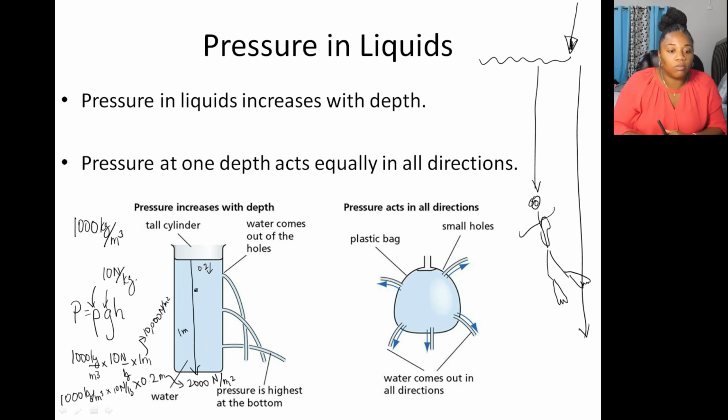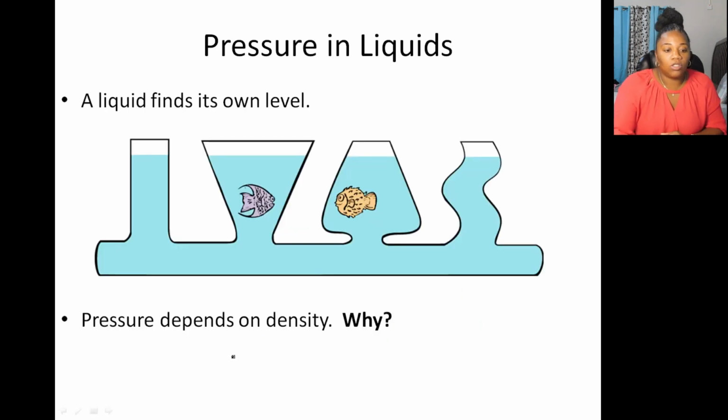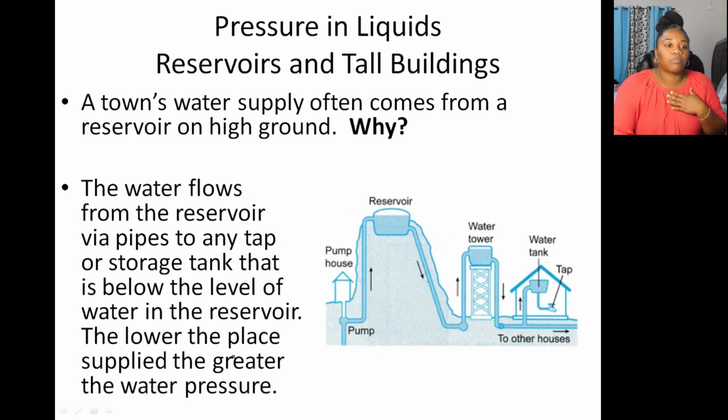Mercury is a liquid metal at room temperature, and the density will be way more. I don't even remember the number for it, but it's not 1,000, it's way more. Your answers will be much more, right? So pressure is definitely dependent on the density of the liquid you're dealing with, and it's dependent on the height of the liquid.